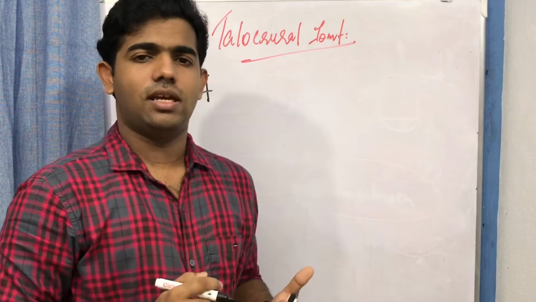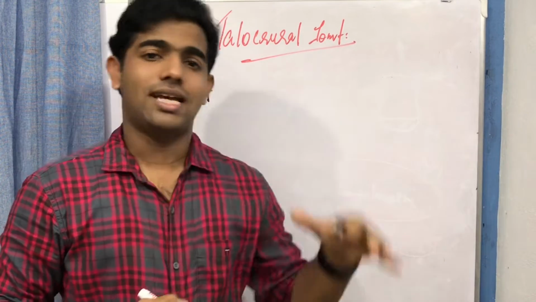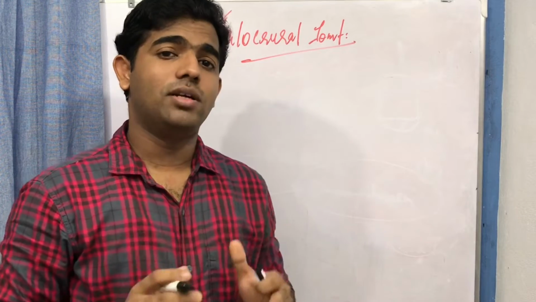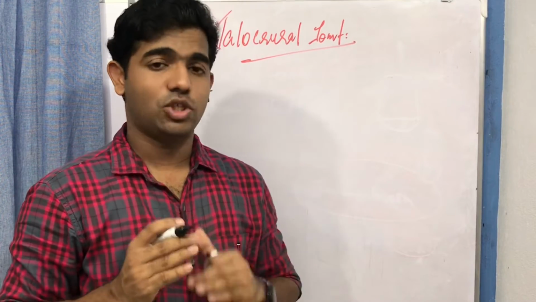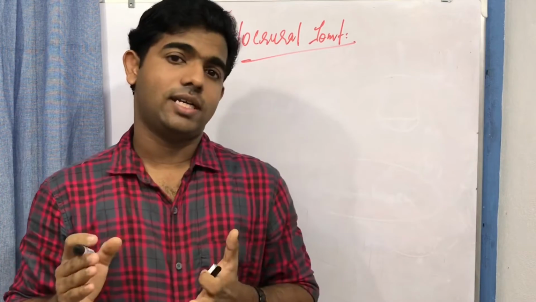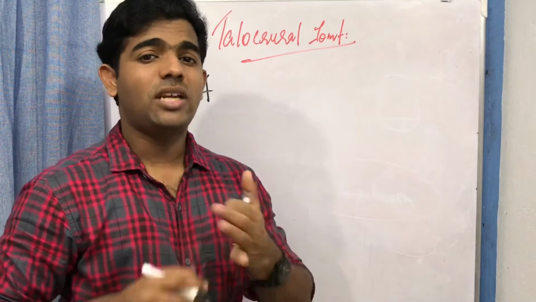The reason is that your ankle joint, the talocrural joint, has hyaline cartilage which is very capable of sustaining a great deal of injury. That is a peculiarity.